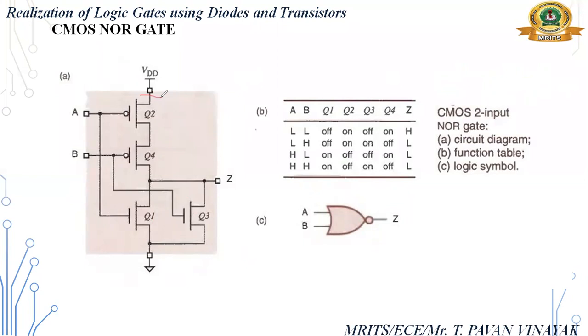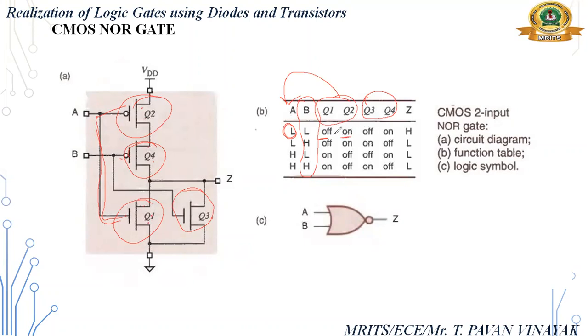Observe, for the first transistors, these two belong to A, and these two belong to B. Q1, Q2 depend on A, and Q3, Q4 depend on B. Whenever A is low, Q1 is off, Q2 is on, because Q1 is an N transistor and Q2 is a P transistor.